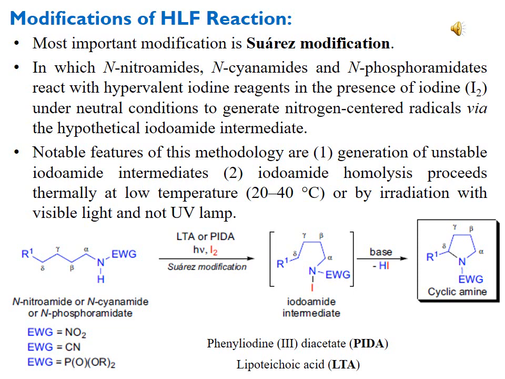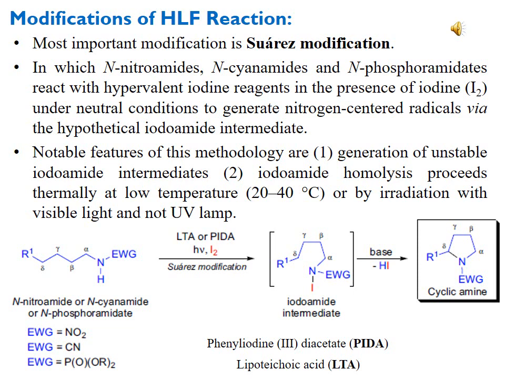So these hypervalent iodine reagents, LTA in the presence of iodine, convert this N-H bond, activating it in the form of an alkylate. So there is no need of homolytic cleavage here at this step, and we get the formation of an iodoamide intermediate in which nitrogen is bearing iodine.